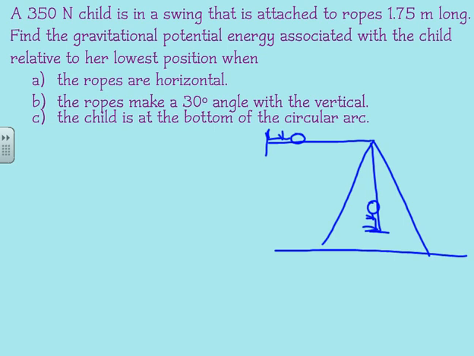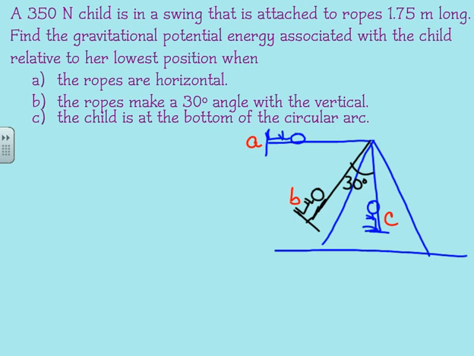And we'll switch to a different color for part B, when the ropes make an angle of 30 degrees. So I have three positions here. This first one is A, this second one is B, and this third one is C.